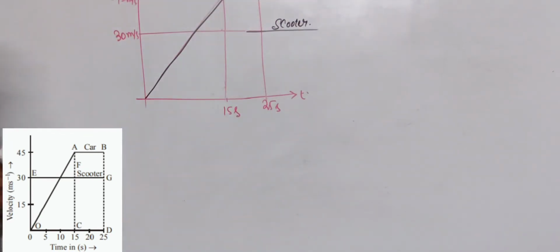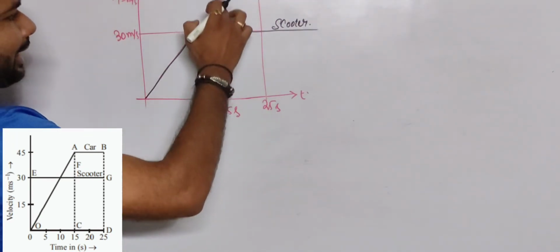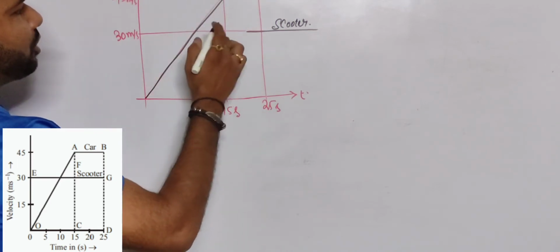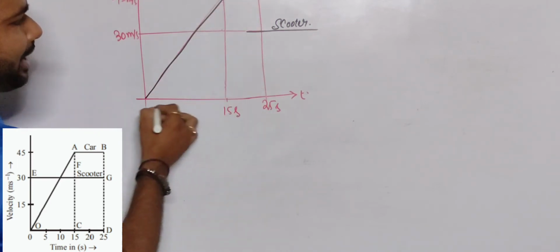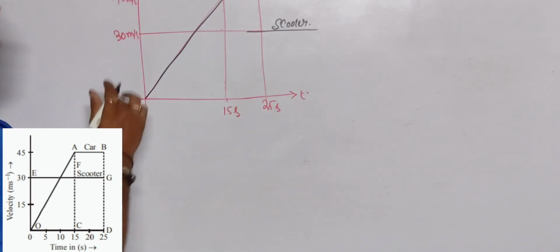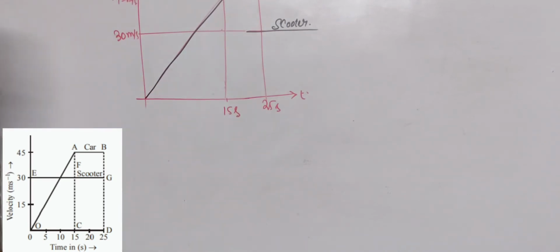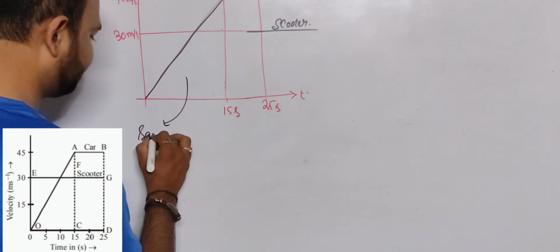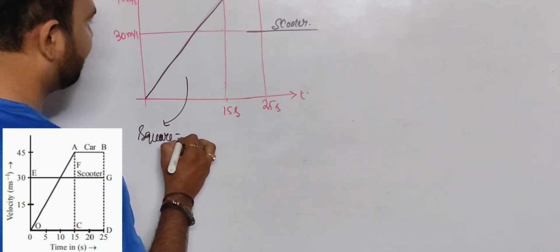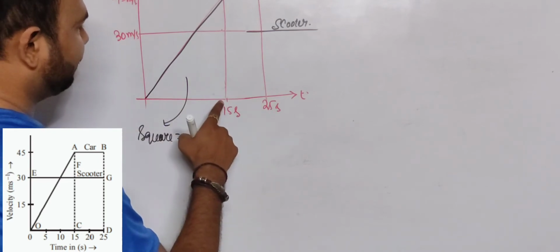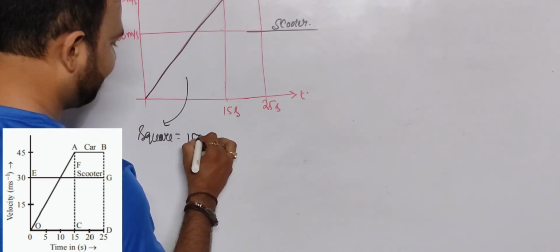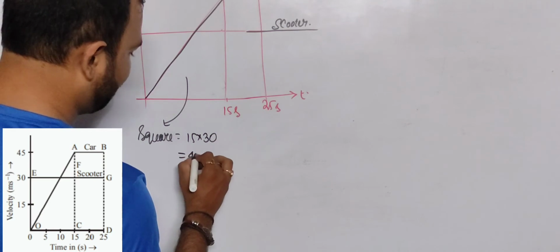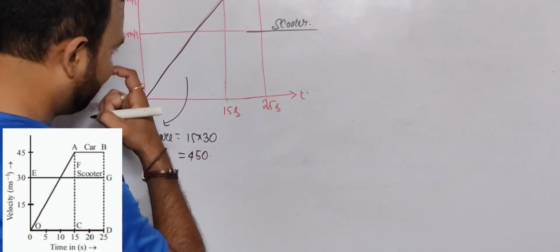In 15 seconds we have two geometrical figures, a triangle and a square. If we find the areas and subtract, we'll get the difference in distance covered. The area of the square is length into breadth, 15 into 30, that is 450 meter.